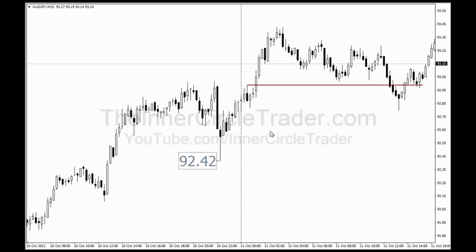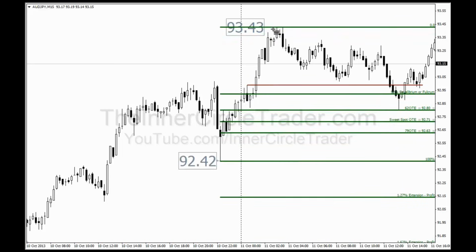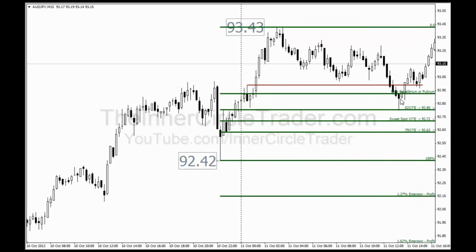Here's our low and our range high. So we have essentially a 100 pip move between the 2 points. If we use the low to high, price comes right down into that 62% retracement level, and what does it do? Returns back higher.